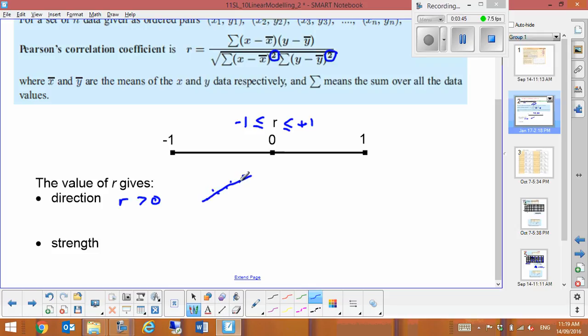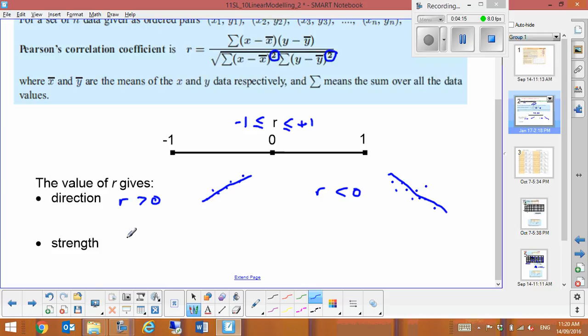That's what our data would look like. If our R value is less than 0, so it's negative, we find that occurs when our data values have a negative pattern. So it's not talking about how strong it is, it just says there's a negative correlation between them. So the R value tells us about whether it's increasing or decreasing.